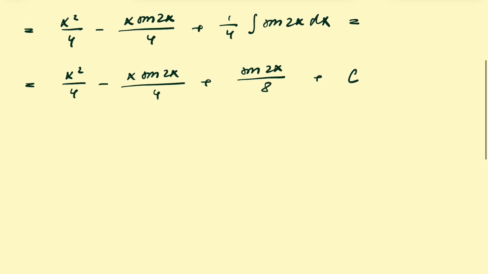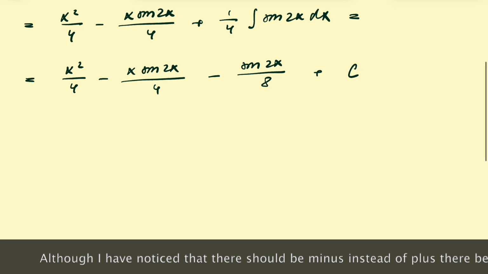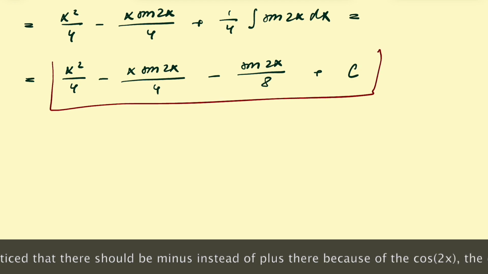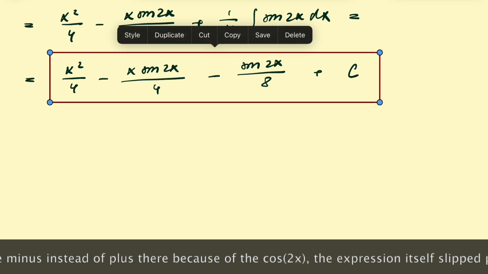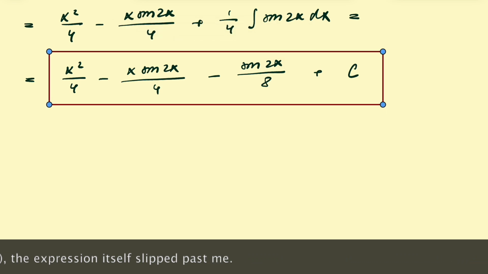Wait, yeah, I said that the integral of sine of 2x will be minus cosine, but I didn't write it here, right? Sines alternate. Like derivative of cosine is minus sine, so we should have minus here. Now it seems to be clear, I think. Yes, it is. Yeah, it's our final answer. I'll just rectangle it as I always do.